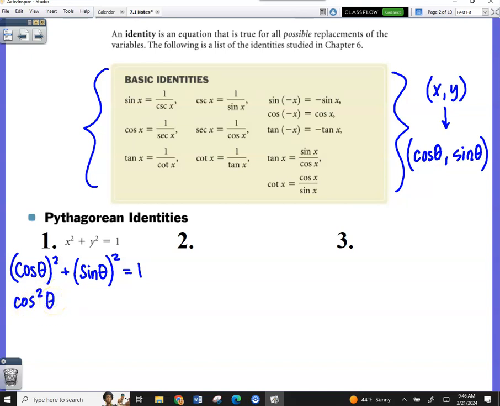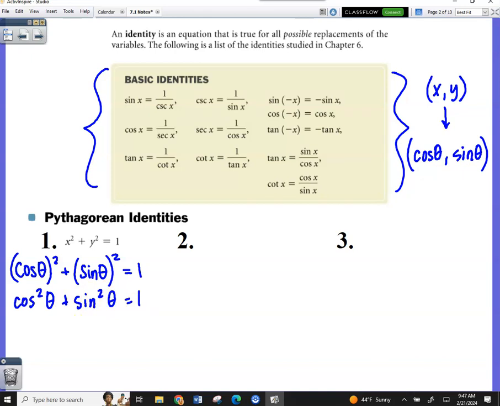That means that it was cosine theta times cosine theta. You don't square theta. Theta doesn't change, right? You square the cosine. So that's why that little squared is there. So the way you write it condensed is cosine squared theta. All right, plus sine squared theta equals 1.